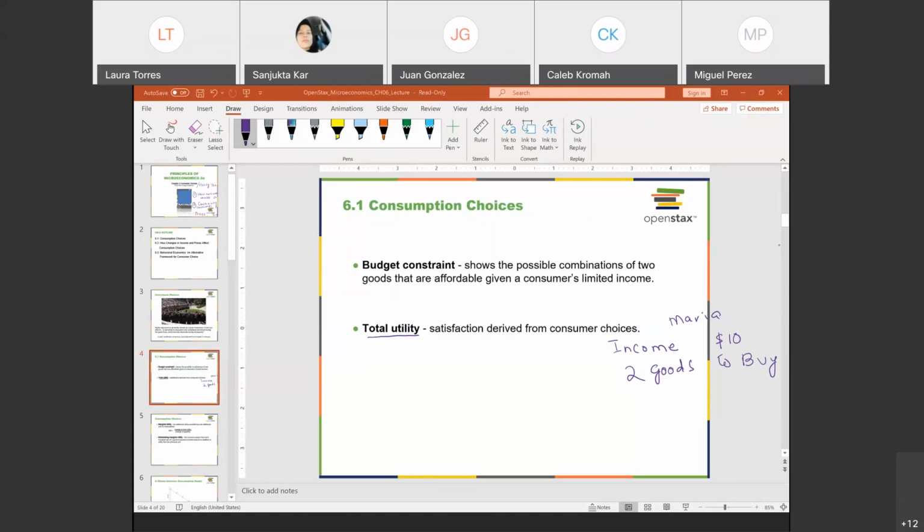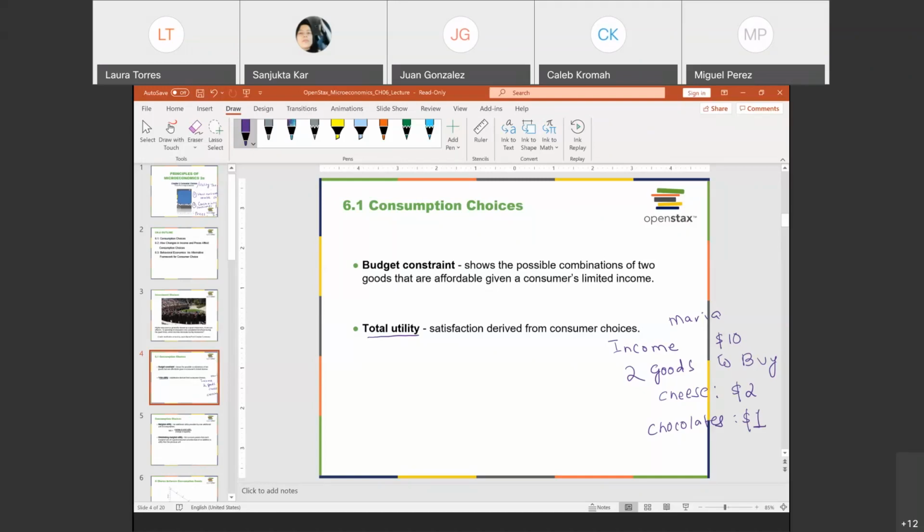So let's figure out two goods here. Say she wants to buy cheese, and the cost for cheese is $2, and she wants to buy chocolates. The cost for a bar of chocolate is $1.